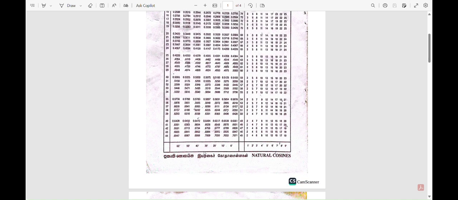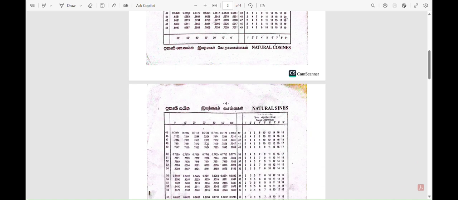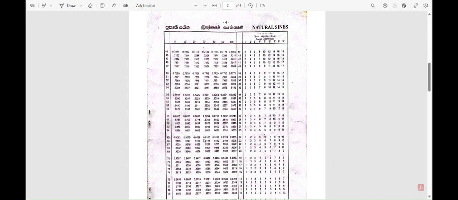Okay, so 0.7500. You can see here 0.7509 is there and 0.7490 is there. From these two, what do we need? We need 0.7500.